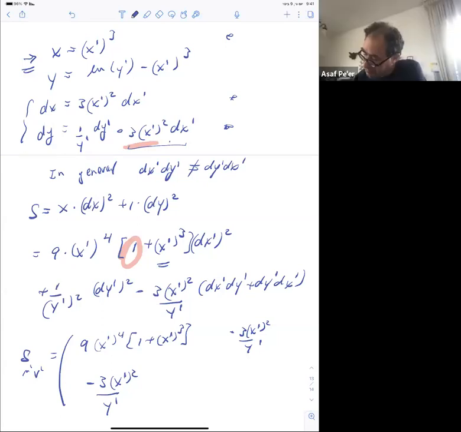And here, what do I have? 1 over y prime squared. So it's the same thing that you do when you're changing coordinates. Now you can use the transformation law, and you get exactly the same result, of course.